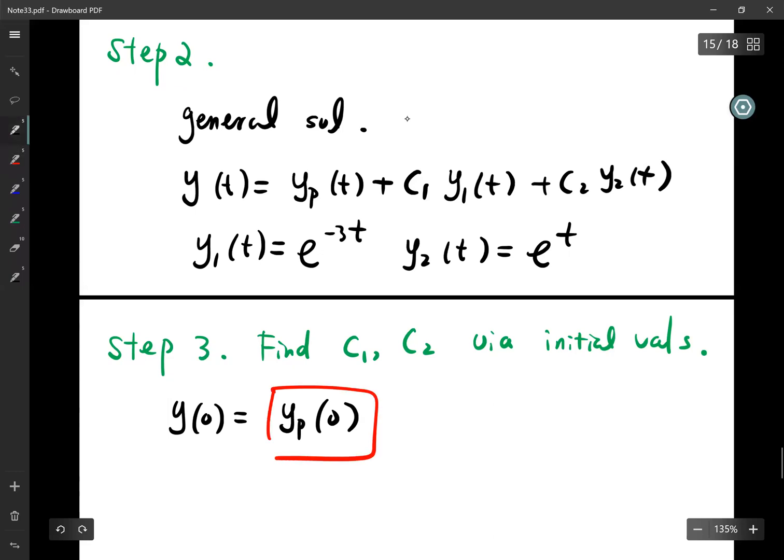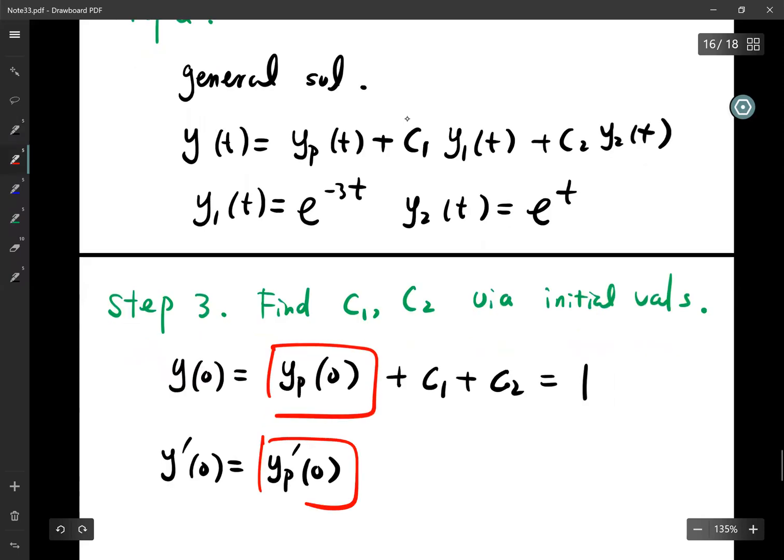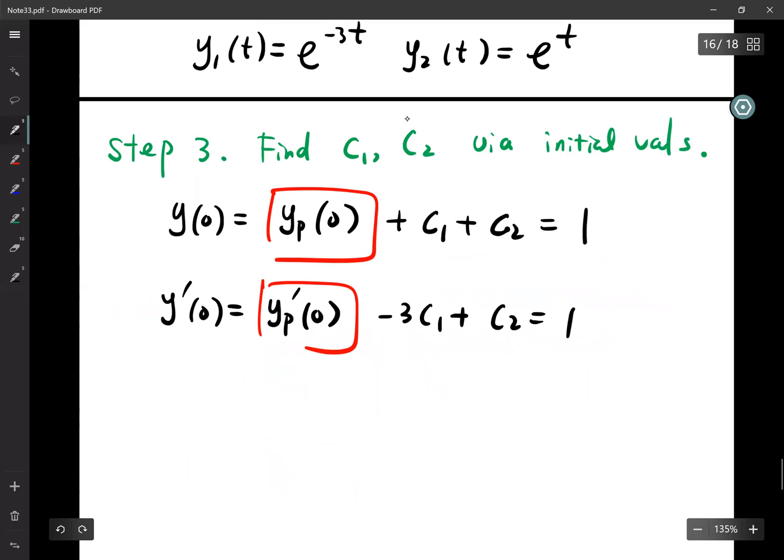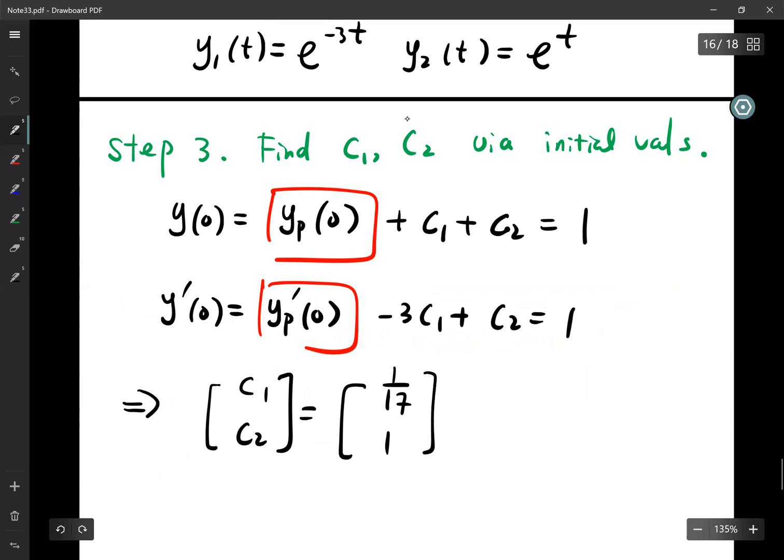The particular solution will change the initial condition for the homogeneous equation, plus C1 plus C2, because these are 0, 0, equal to 1. y prime 0 is y prime 0, again, don't forget this, plus -3c1 plus c2 is 1, which means that the equations are, we just solve that, c1, c2 equals 1/17 and 1.